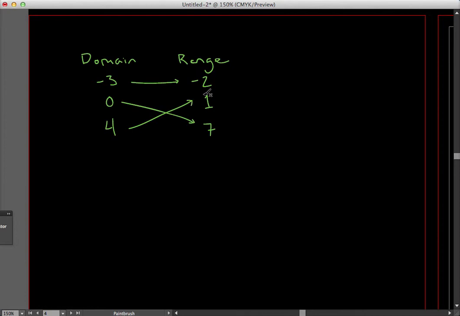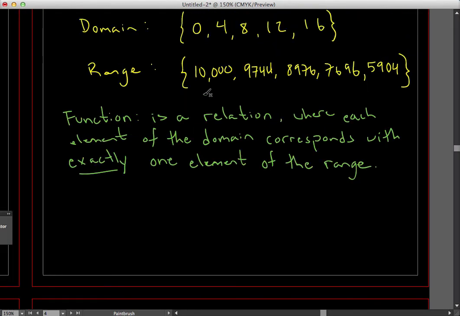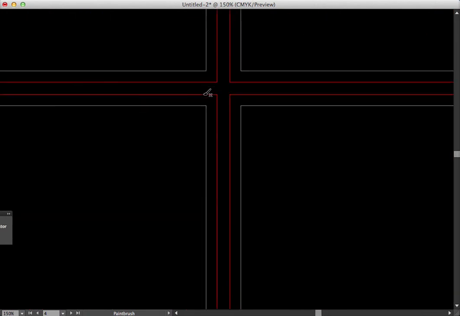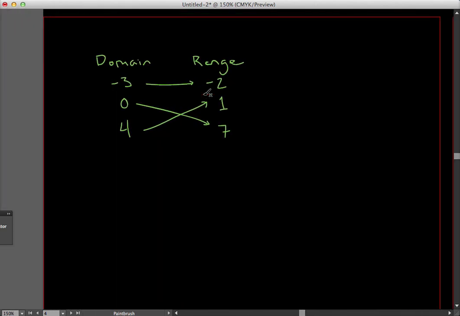Okay, so is this relation a function? Well, let's go back to our definition of a function. If a function is a relation where each element of the domain corresponds with exactly one element of the range, is that accurate here? Well, I'd say yes, it is.